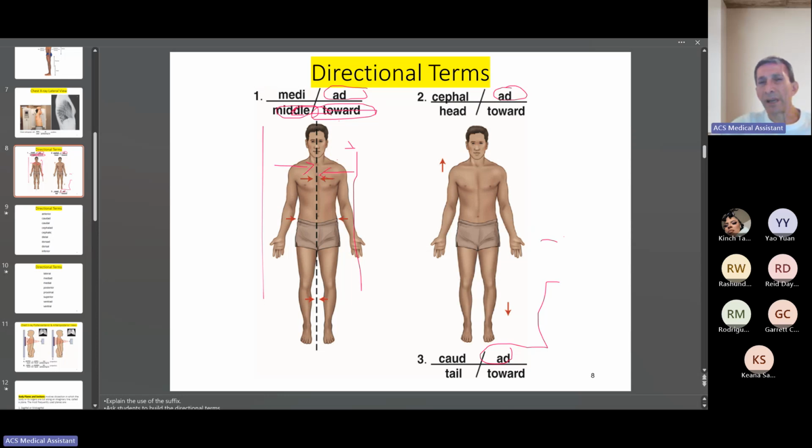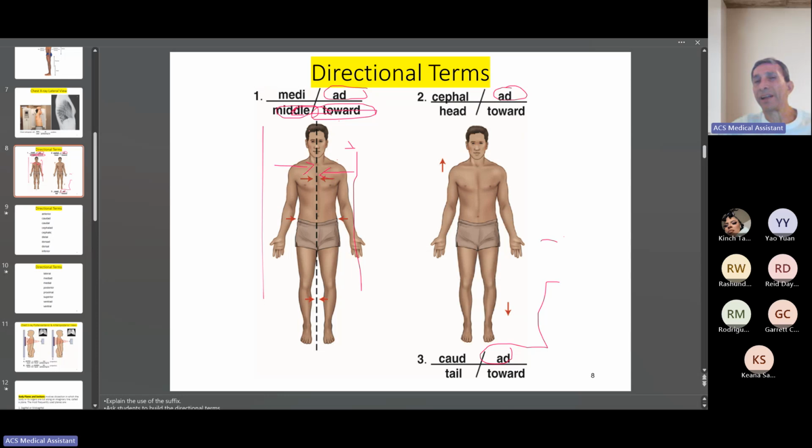And we know that the line divides the body right in the center. So we can differentiate between lateral side, left or right, but that line means the middle because it's dividing the body in equal parts in the middle.